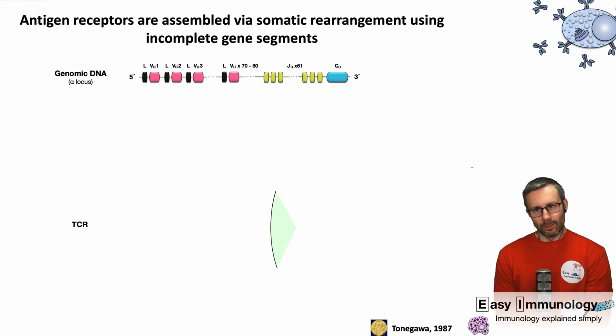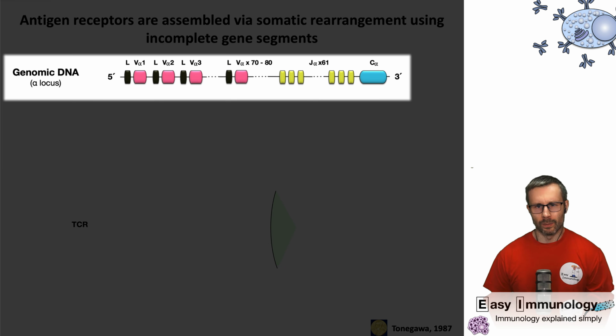It's even a little bit more complicated. You see here the structure on the genomic level. The T cell receptor consists of two proteins. One is called alpha chain and the other one is called beta chain. If you look at the fragments for the alpha chain, this is called the alpha locus. They are different segments that are called V alpha and J alpha, and there are like 70 to 80 different V segments and 61 J segments. V stands for variable and J stands for joining.